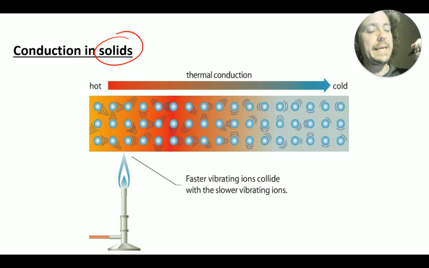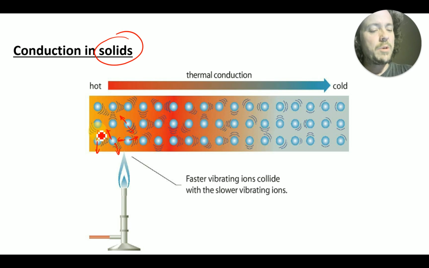So if I heat a metal bar, for example, or a solid at one end, okay, then what happens is these particles gain energy. And when these particles gain energy, they begin to vibrate, which means they wiggle about in the sort of structure that they're in, the lattice, between the bonds that they have, and they will wobble and vibrate back and forth.